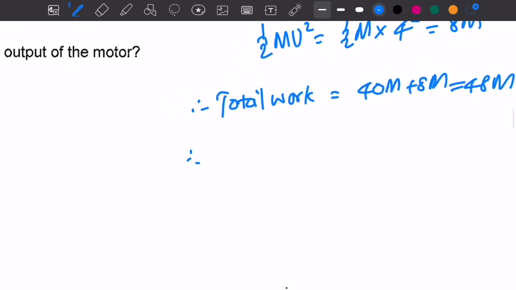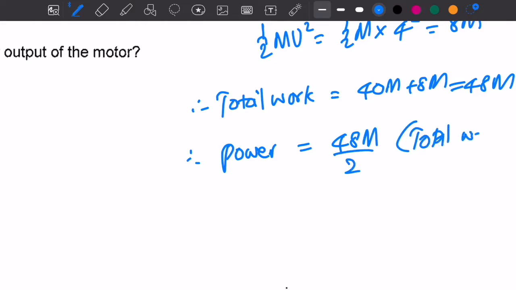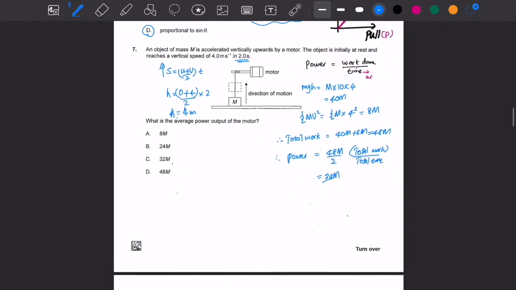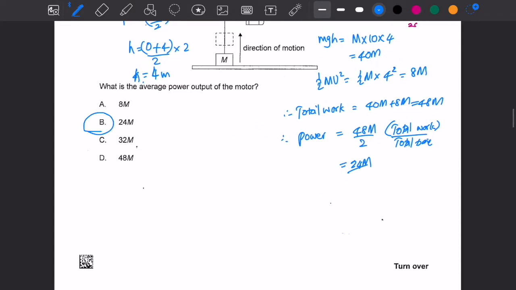So power equals 48m divided by 2. What this means is total work divided by total time, right? In this case, you get 24m. For question number 7, answer should be B.